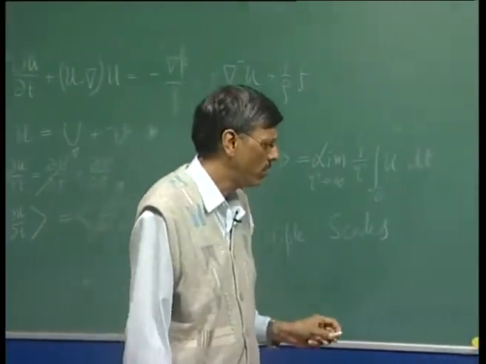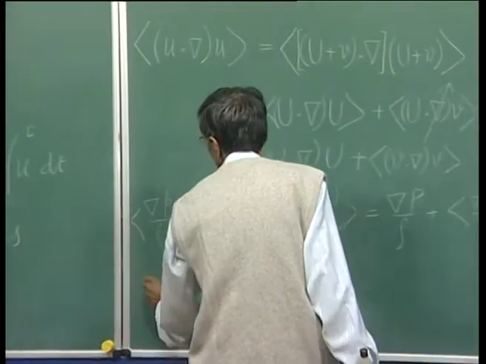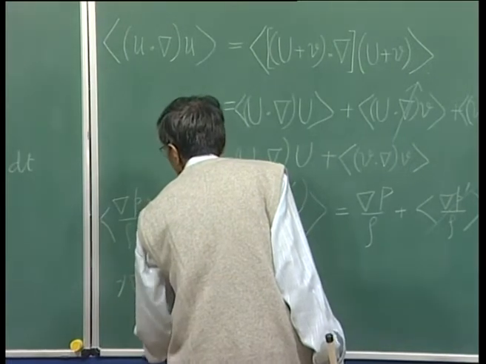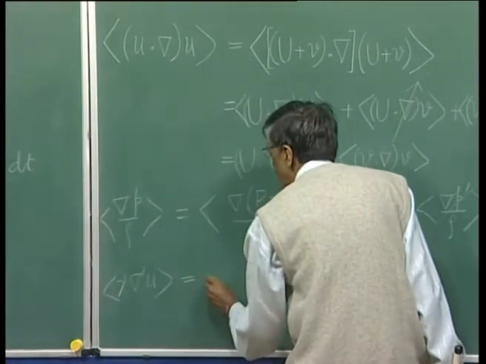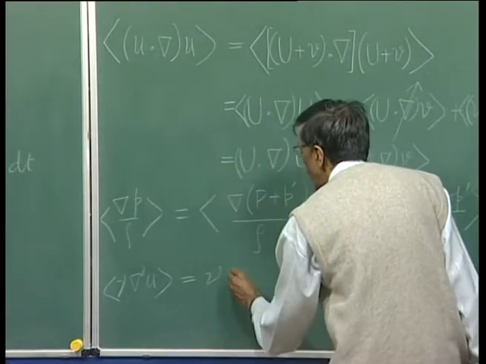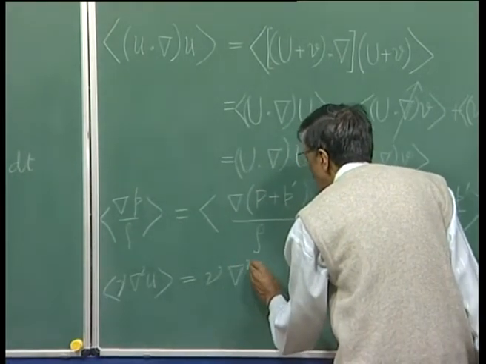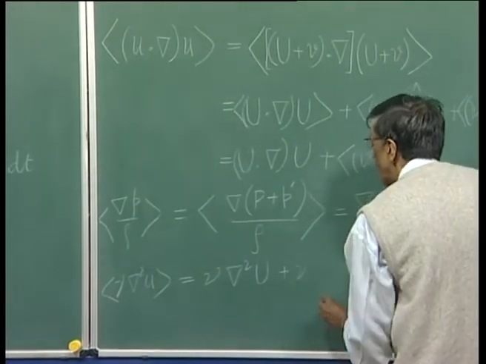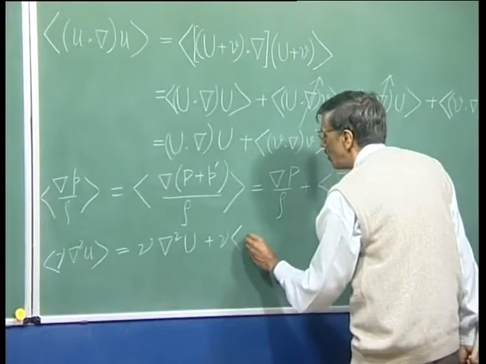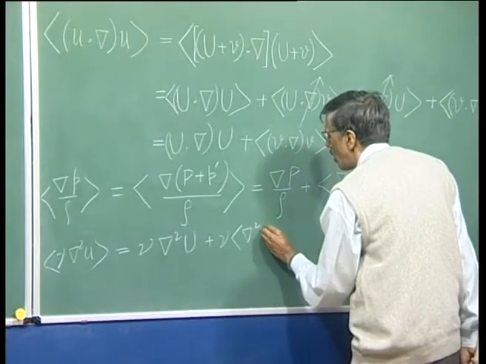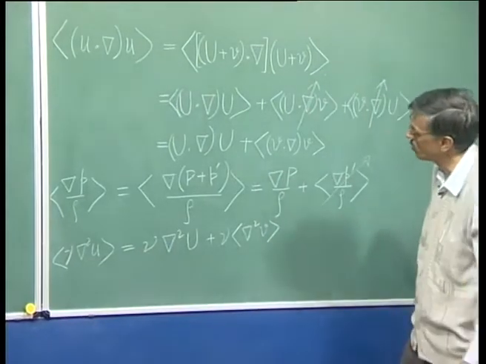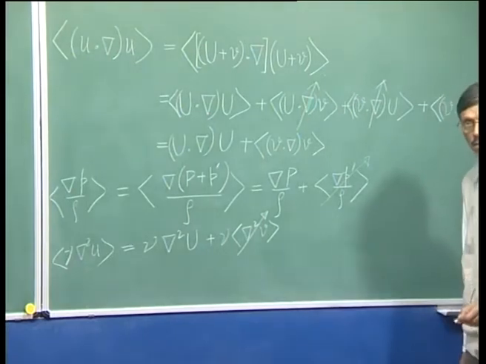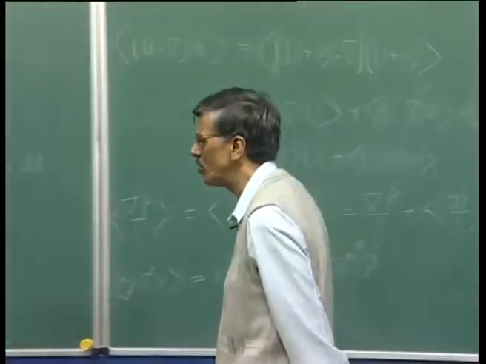So, that term is also very easily understood. We are talking about nu times del square u operating, and that will give us nu times this plus nu times this. Once again you can very clearly see this will go to 0, right. So, only this will remain, and that is what we have given.